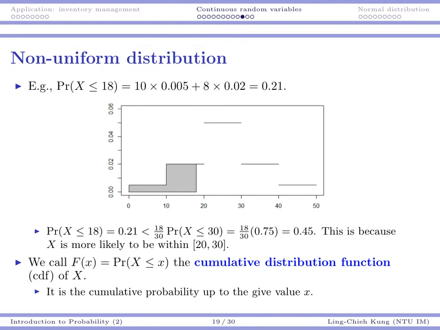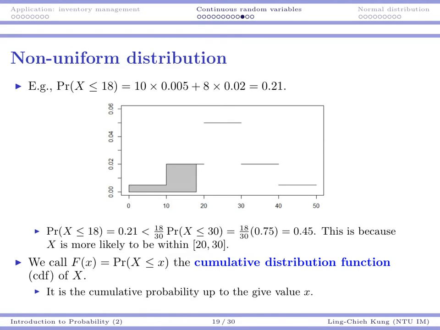But the probability is not of that ratio. 0.21 is less than 18 over 30 times 75%. That means because our probability distribution is not uniform, x would be more likely to occur here than there. So given two numbers, when we want to calculate the probability for x to be below those two numbers, those probabilities would not be proportional to those two numbers.